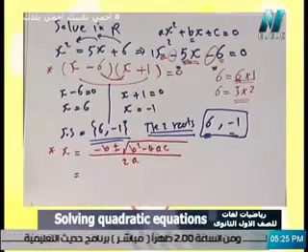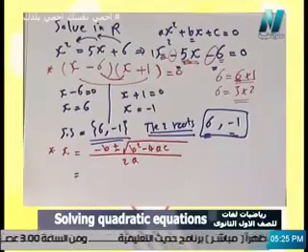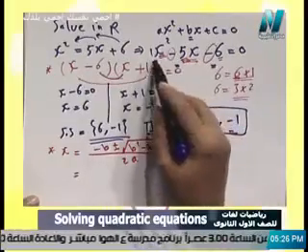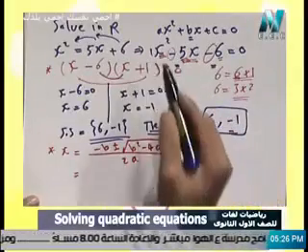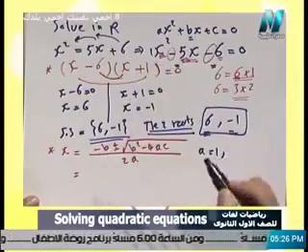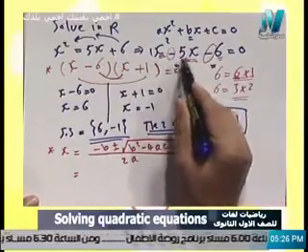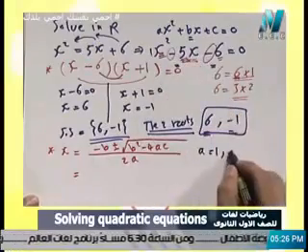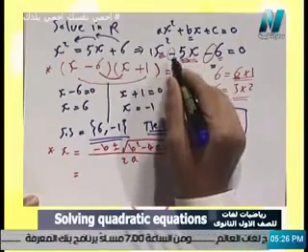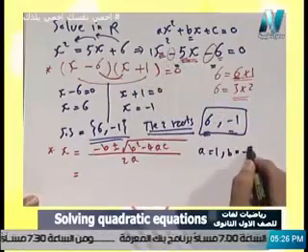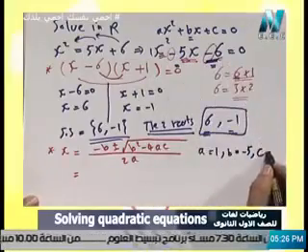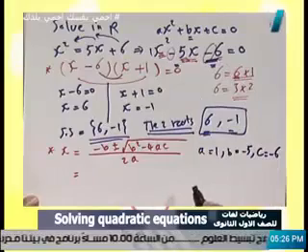And by substituting a, b, and c, we have a here equals 1. 1 is the coefficient of x^2, so a equals 1. And b is the coefficient of x, so b equals what? Equals negative 5, not 5, equals negative 5 by its sign. And c here is the absolute term, which is negative 6. Okay.